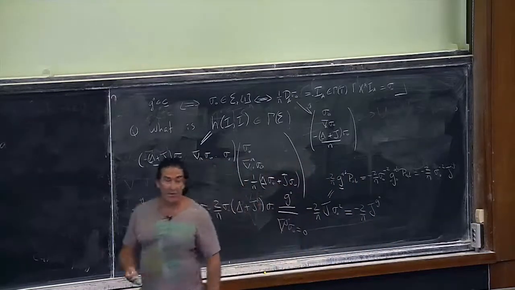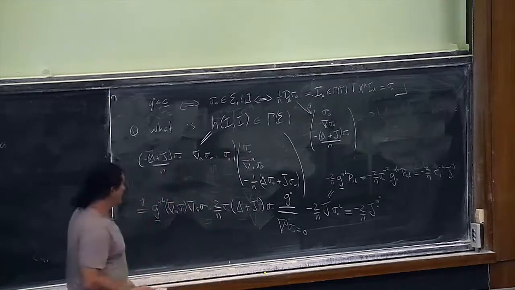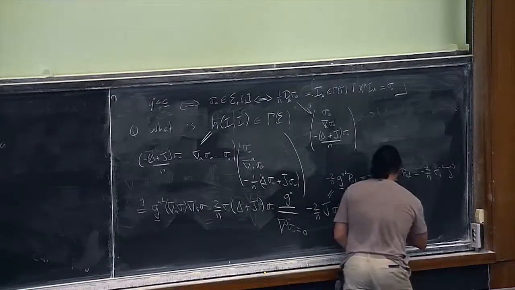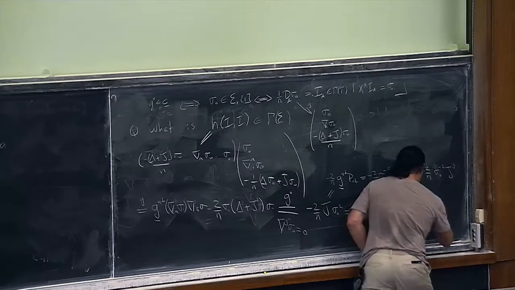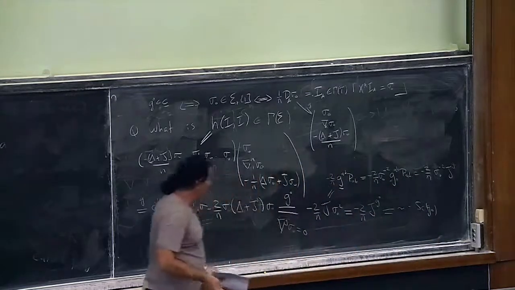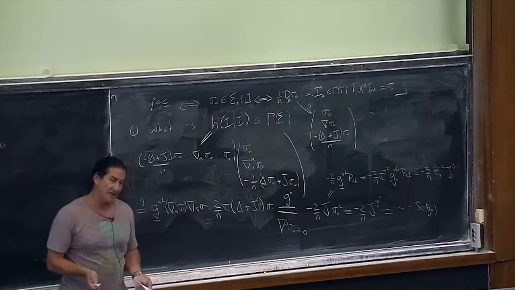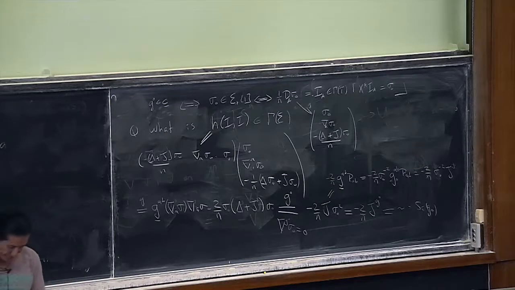So in other words, the length of this, up to a constant, is roughly minus the scalar curvature of the metric in the corresponding scale.